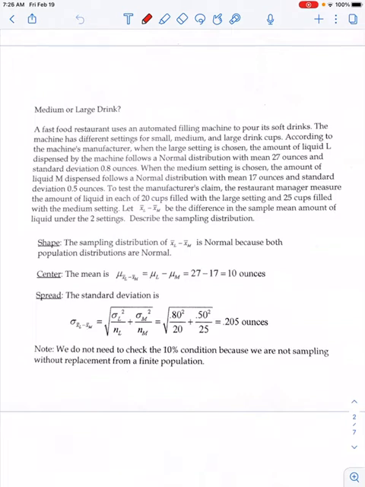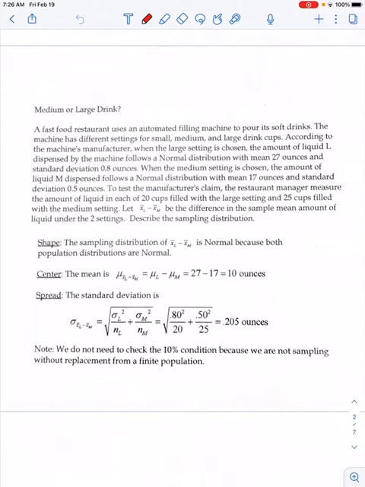The shape of the sampling distribution of x bar sub L minus x bar sub M is normal, but then you have to say why. Because both population distributions are normal. So watch your terminology, watch your vocabulary.